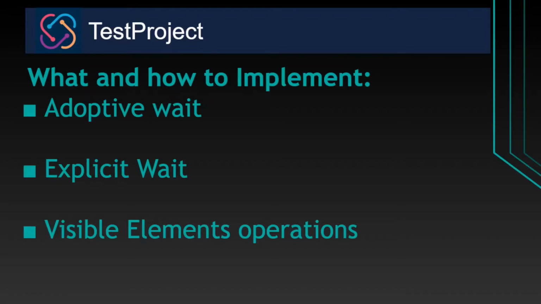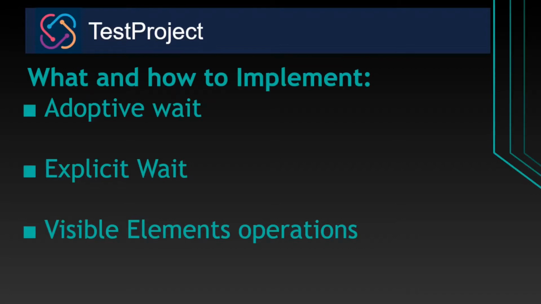Let's assume you have an HTML table or search results. It might take 20 seconds in some cases. So you cannot assume that every response takes 10 seconds. Sometimes it might go up to 20 seconds also. That is why adaptive wait comes into the picture.